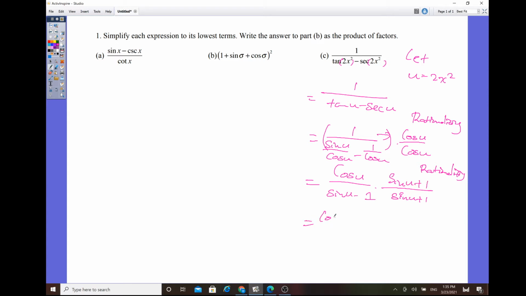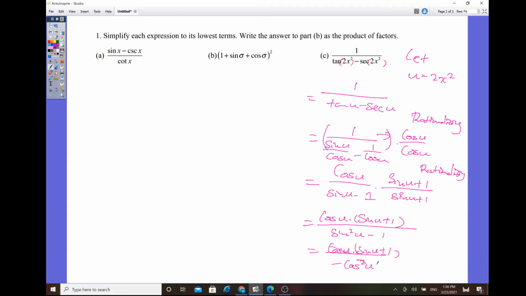What we found here is cosine of u times, now you don't want to distribute this one yet, so just keep it that way. The denominator turns out to be sine squared of u minus 1. You may notice that for A, we did it already, so that one is negative cosine squared of u, by using the Pythagorean identity.